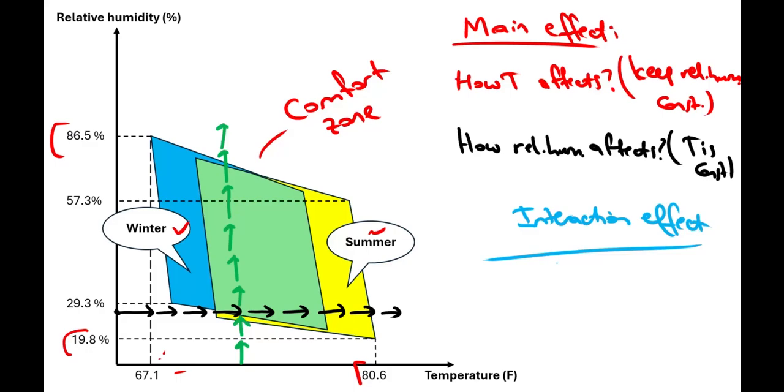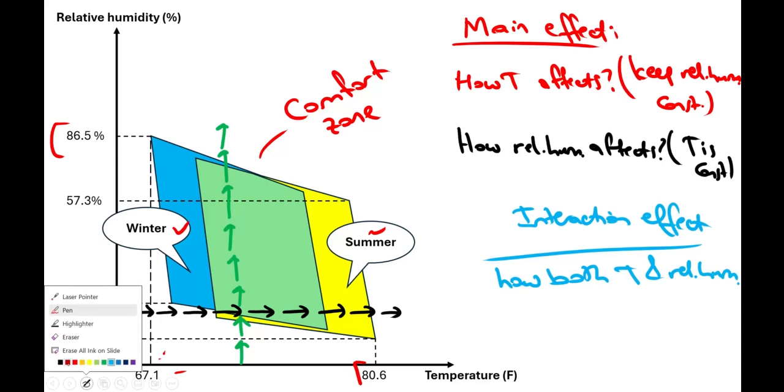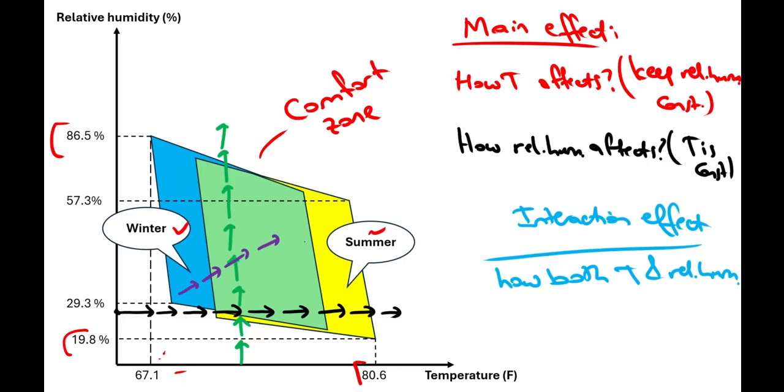For the interaction effect, we are looking at how both temperature and relative humidity together affect the comfort zone. In this case we change both together. So instead of moving in one direction, we go this way. You see that temperature and humidity both change. This is one example.